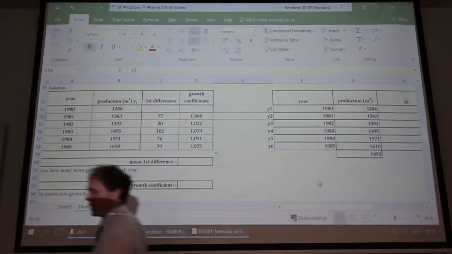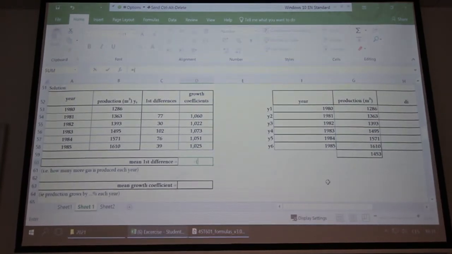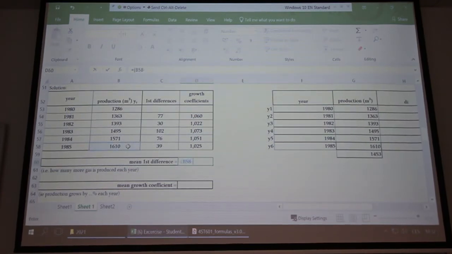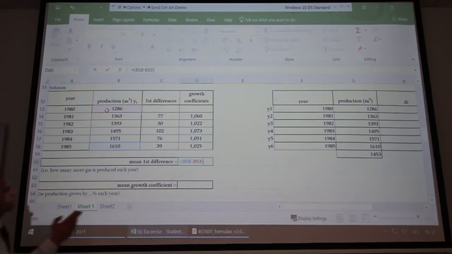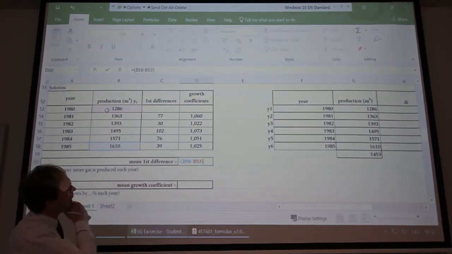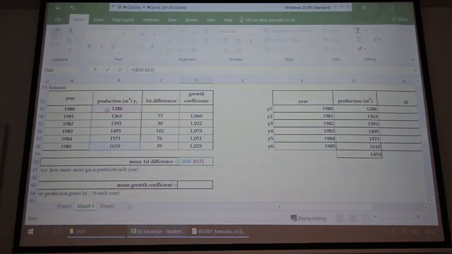So please do this. Calculate this mean first difference. Equal sign, and in the numerator, what is there? The last value minus first value, divided by, and in the denominator is 6 minus 1. So please write here divided by 6 minus 1.